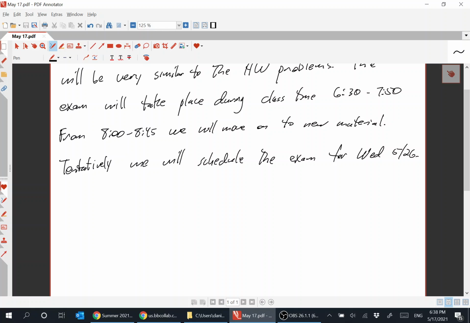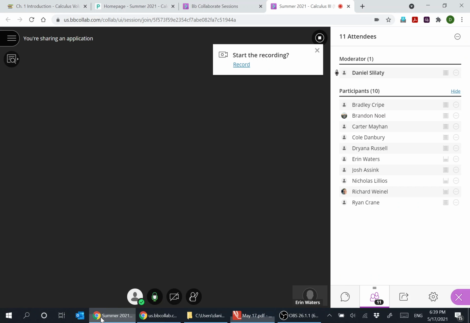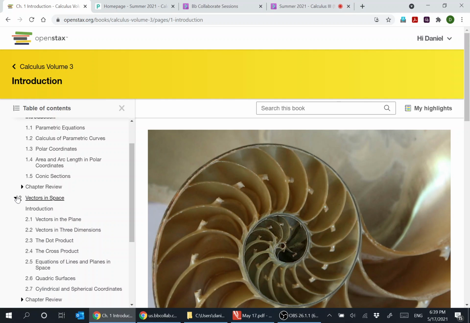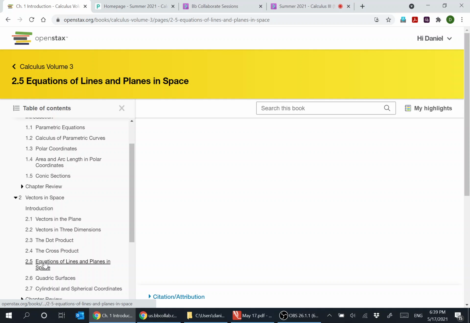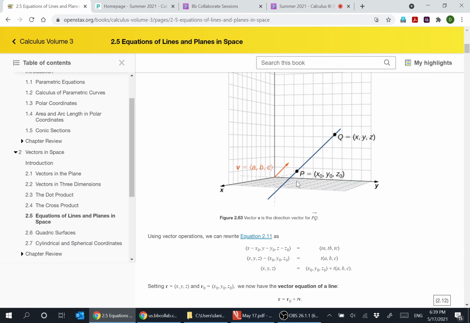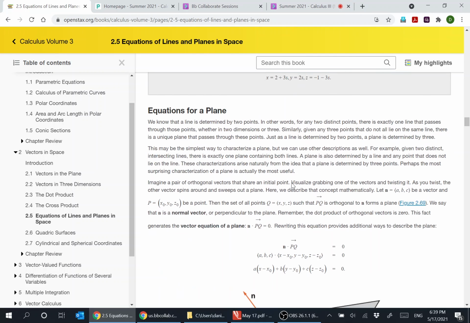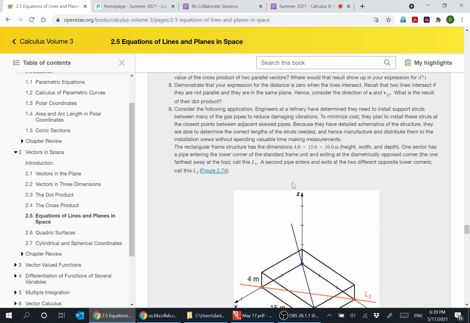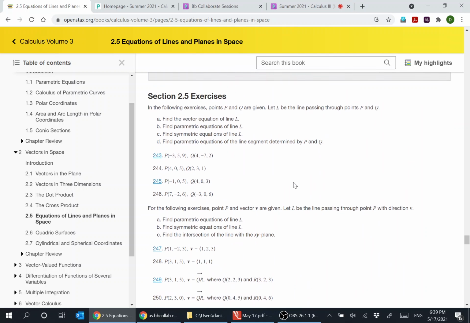Yeah, 243. Somewhere. So section 2.5, 243. Here.